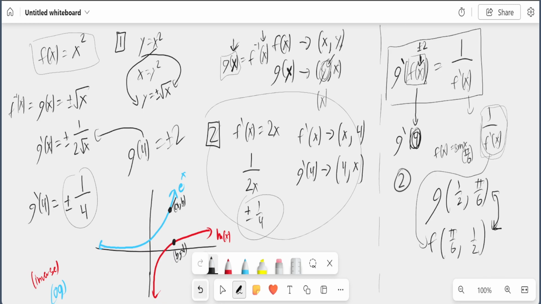So if we want to find the derivative of the inverse, the slope of the inverse, that's related to this point here. But see how the B and the A switch? So we need to think about that when we're taking the shortcut for our derivative of an inverse, because again, we can't always easily find the inverse.